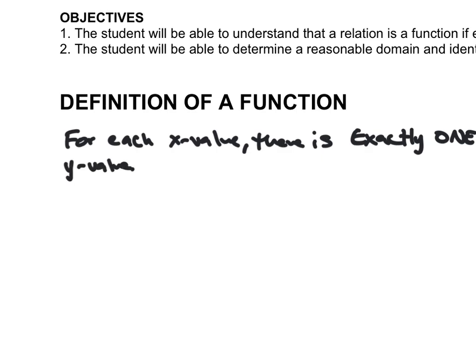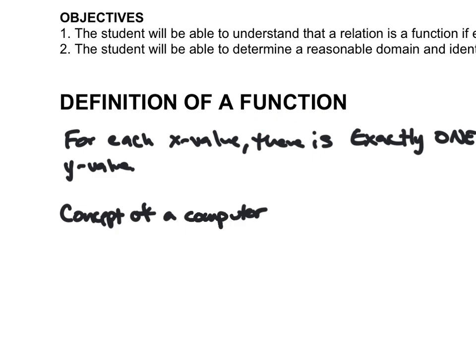Okay? And what I want you to think about is the concept of a computer. Okay? And so computers are built off of the concept of a function.